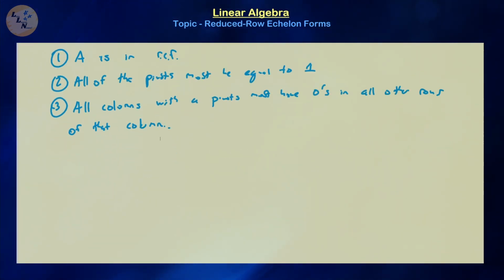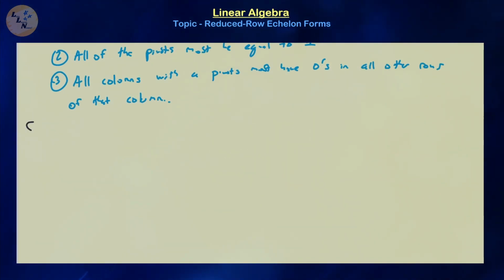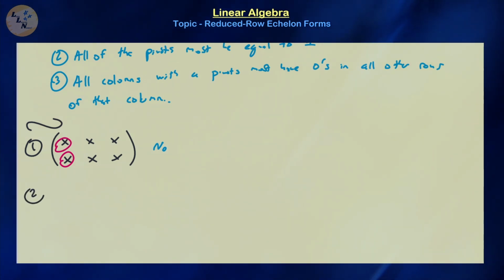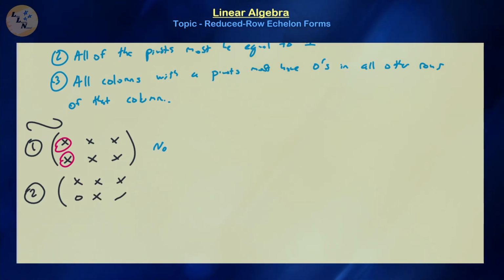Let's look at a few examples of reduced row echelon forms of matrices. Scenario 1. Suppose I have x, x, x, x, x, x. Is this the reduced row echelon form? The answer is no. First off, it's not in row echelon form because the leading coefficients are stacked on top of each other, and we know that's already a bad thing. Suppose we have x, x, x, and 0, x, x.